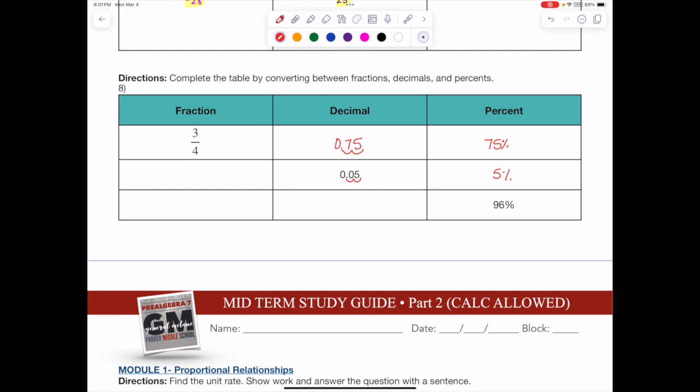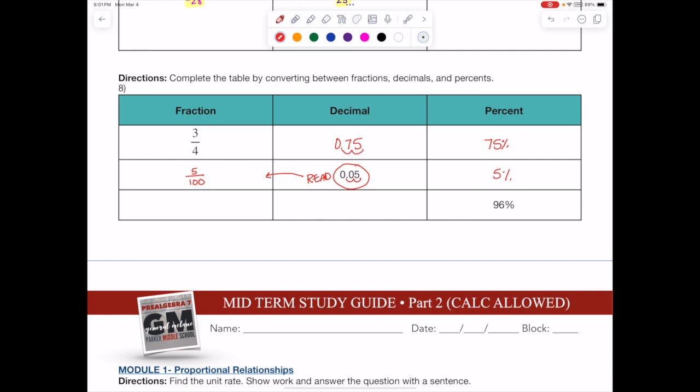And you have a couple options here, okay? So I could just read this, okay? And if I read this, it says 5, and where is it? It's in the hundredths place, okay? So that's 5 hundredths. The other option is if you know what 5% is, we know 5% is 5 out of 100, okay? So either way, if you have the percent, it's really nice to be able to just write it out of 100, okay?